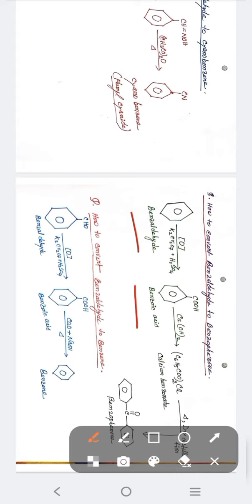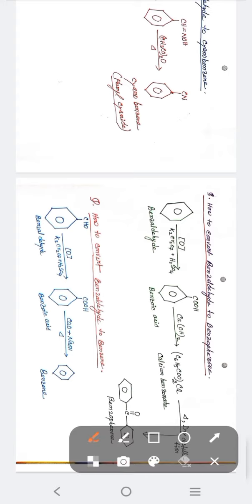Benzoic acid reacts with calcium hydroxide, and the product formed is calcium benzoate, that is (C6H5COO)2Ca. Calcium benzoate on dry distillation in the presence of heat forms benzophenone.